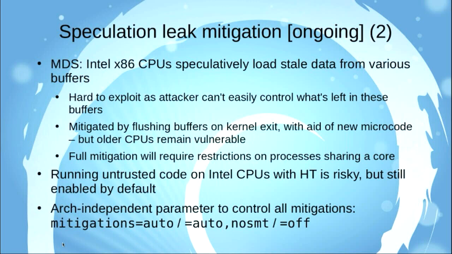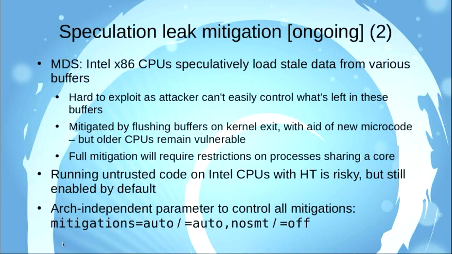And more recently, the microarchitectural data sampling, or MDS issue, which has a large number of other brand names. But it's a collection of 4 different issues here, but they're all quite similar. Again, Intel x86 CPUs only.